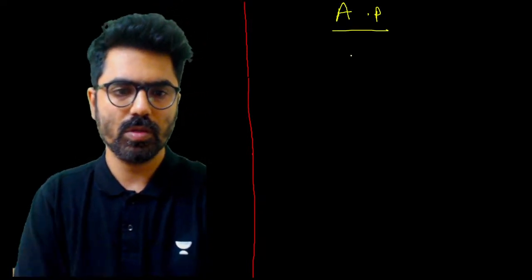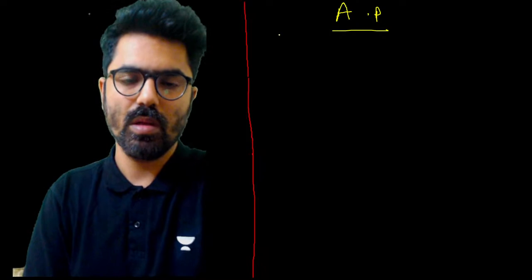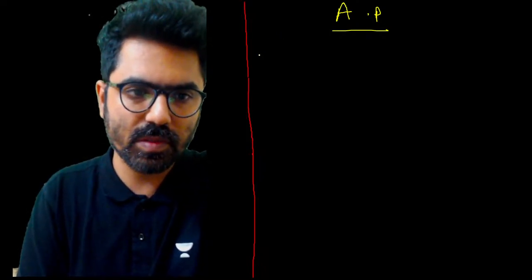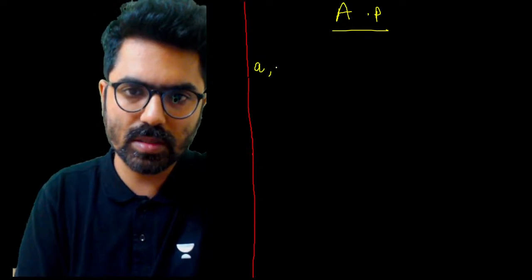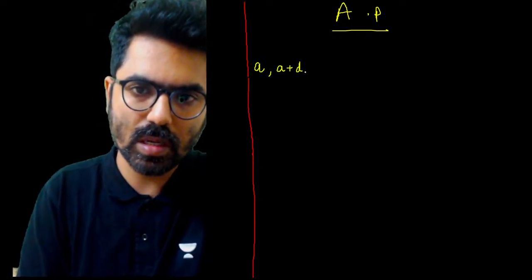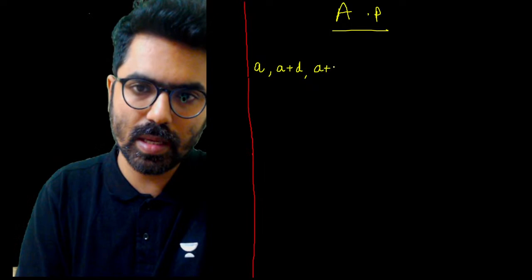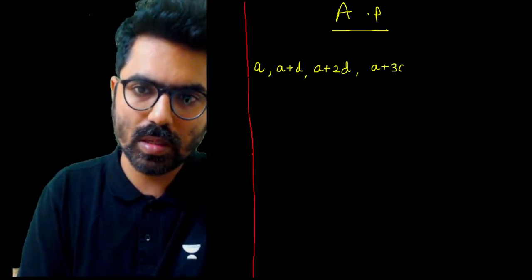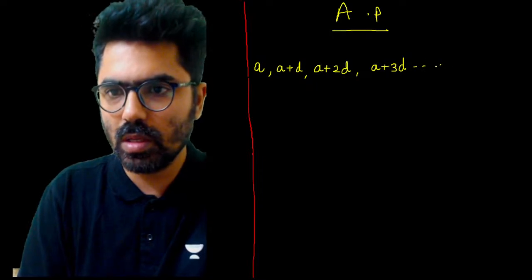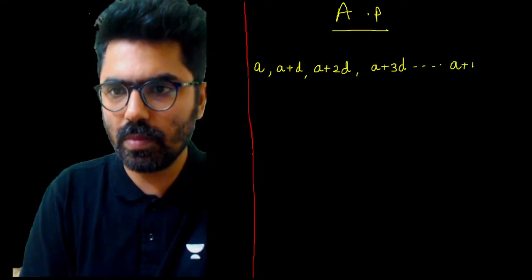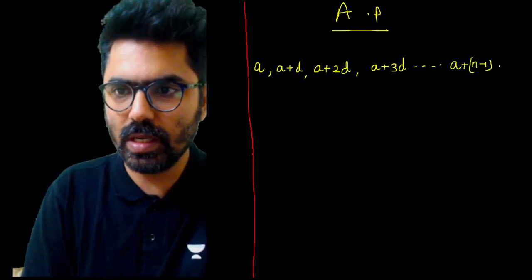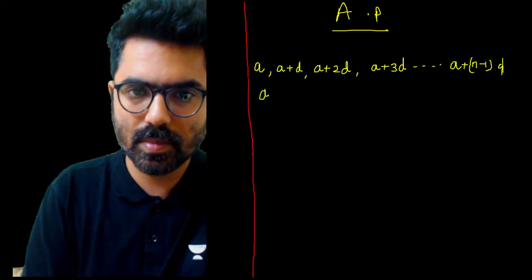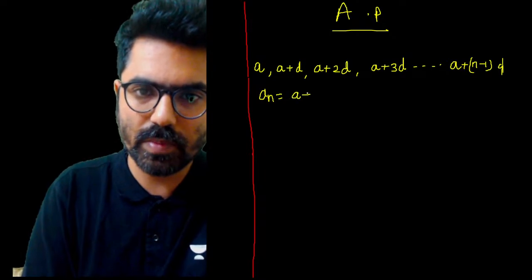AP. The numbers which have a constant common difference are called an AP, like A plus D, A plus 2D, A plus 3D, and so on. And the last term will be A plus n minus 1 into D. This is called the nth term of an AP.